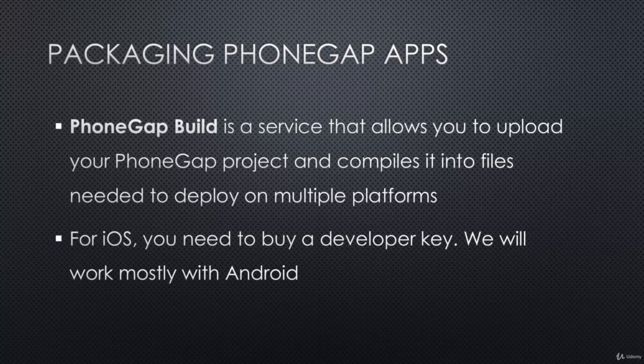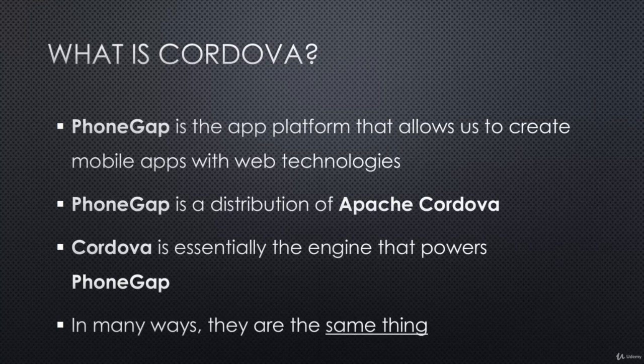Now for iOS, you need to buy a developer key, which I believe is around $99 or so, last time I checked. And in this course, we'll be focusing mostly on Android because we're not going to work with a developer key.